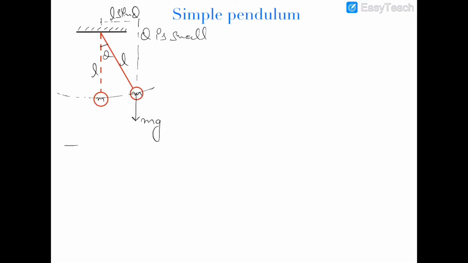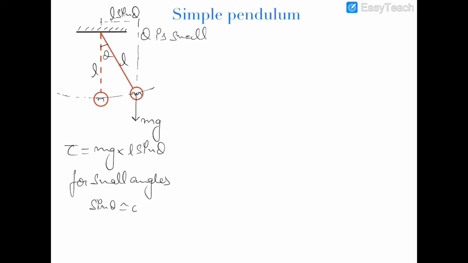So the torque of this force will be mg into L sine theta. And for small angles, sine theta is approximately equal to theta. So the torque will be equal to mgL theta.